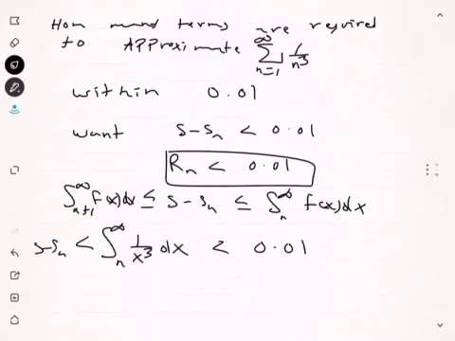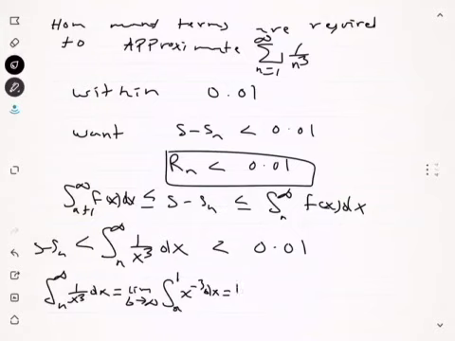Like that. So just like we did before, the integral from n to infinity of 1 over x cubed dx is equals to the limit as b approaches infinity of the integral from n to b of x to the minus 3 dx, and this is the limit as b approaches infinity of minus 1 over 2x squared.